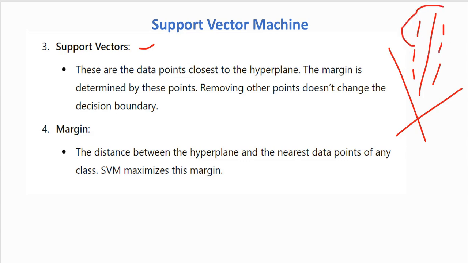These two more hyperplanes we find with the concept of support vectors and margin. The distance between the best hyperplane and these hyperplanes is called the margin.